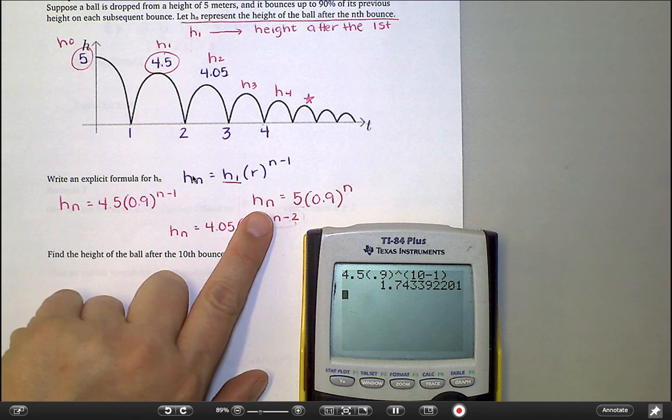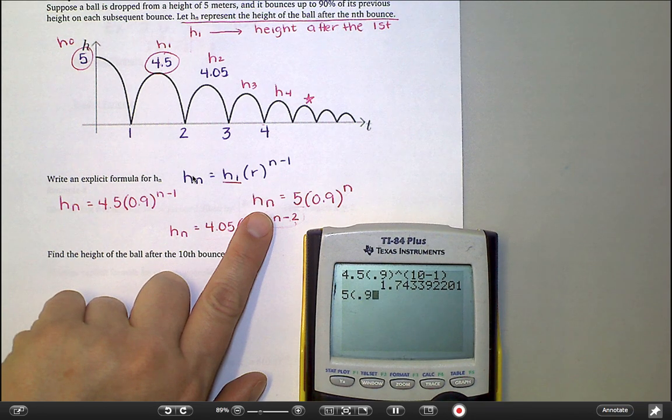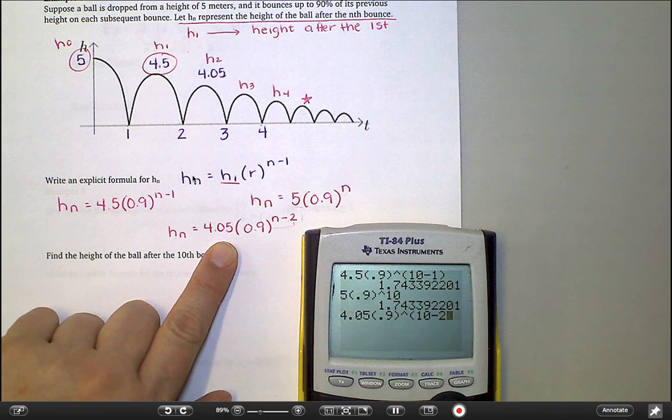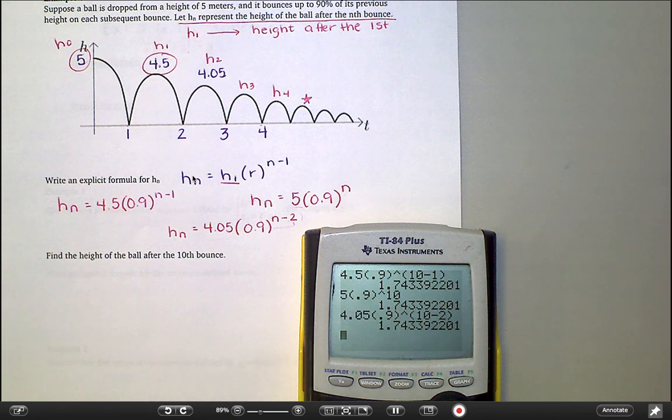If I use this formula, 5 times 0.9 to the power of 10, I get 1.74. If I did this formula, 4.05 times 0.9 to the power of 10 minus 2, I get 1.74.